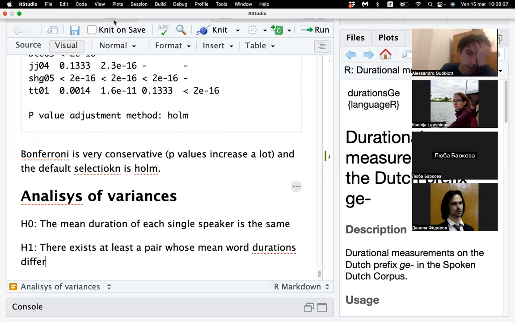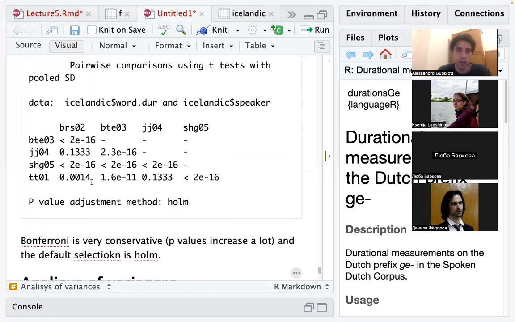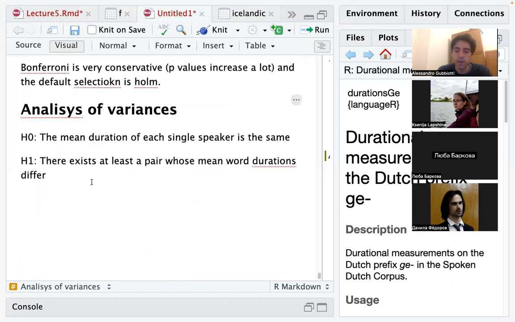And this is the analysis of variance. Since we did a chunk of code here, let's first apply the function, and then I will say how it works. There are many built-in functions for this analysis of variances. The most basic one is this analysis of variances.